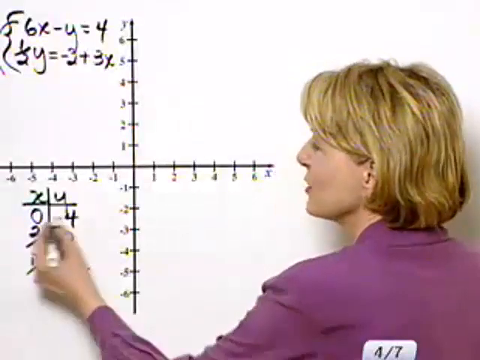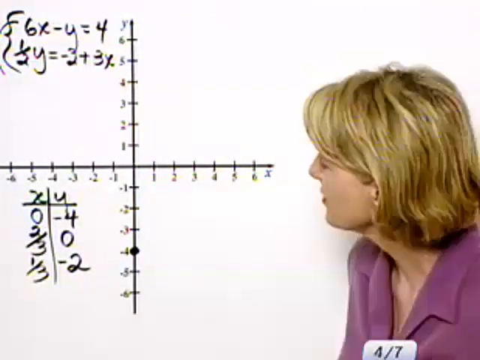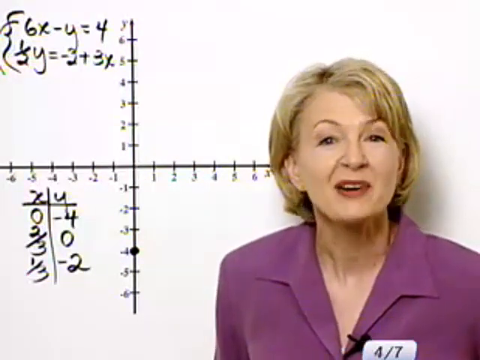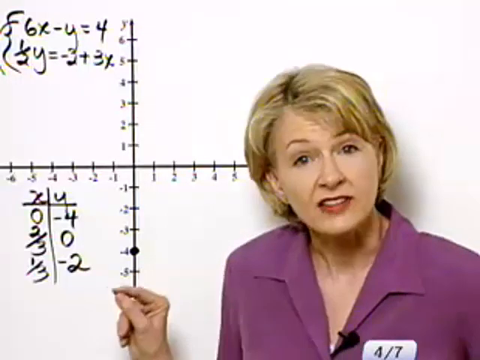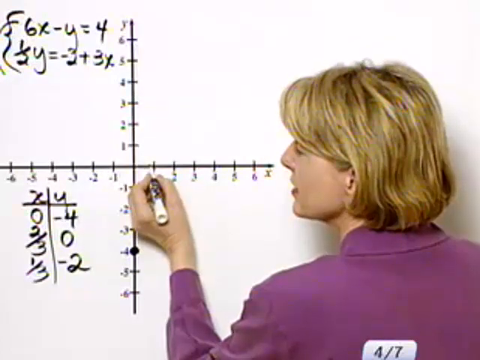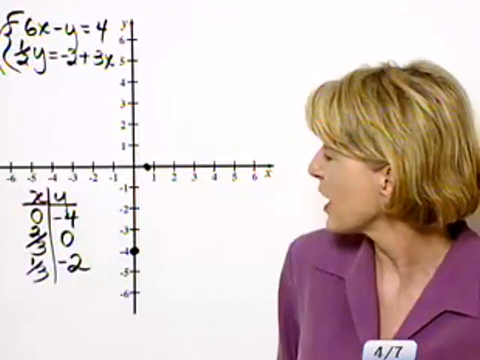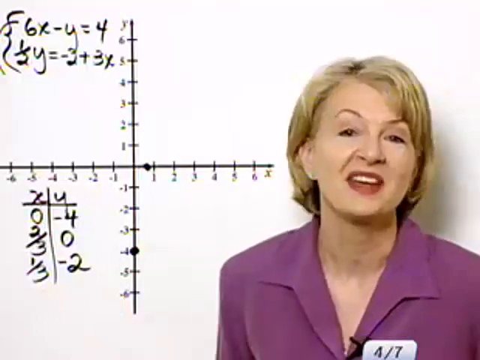0, negative 4: 0 left or right, 4 down. 2/3, 0: where is that point? I start at 0, I go 2/3 of a unit, and then 0 up or down. So be very, very careful. There is that point. And then where is 1/3, negative 2?